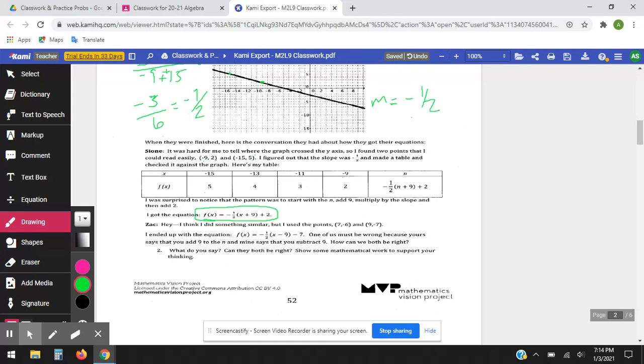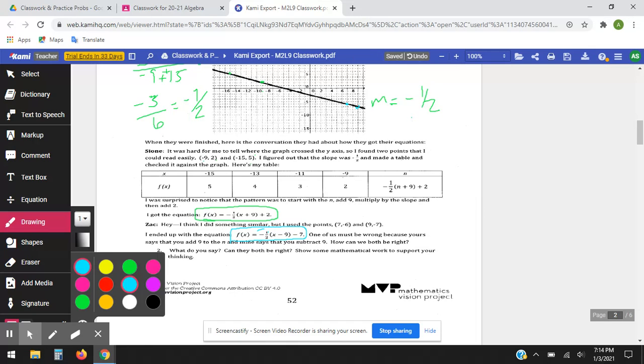Zach says, hey, I think I did something similar, but I used the points 7, -6, so this one, and 9, -7. So 9, -7 was this one right here. So again, if we subtract those, he still gets the slope of -1/2, and he ended up with the equation of f of x equals -1/2 times x minus 9, minus 7.